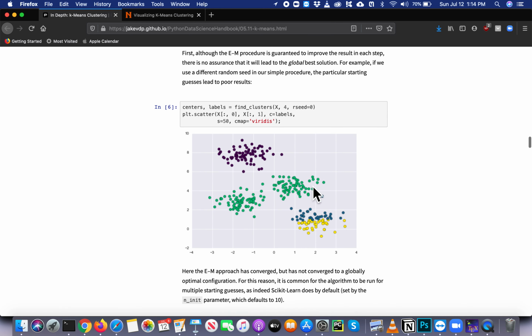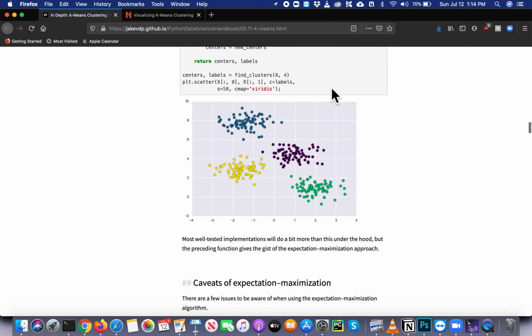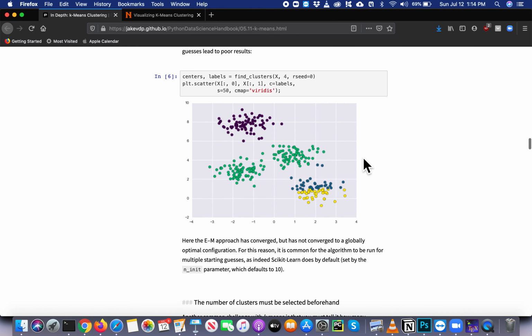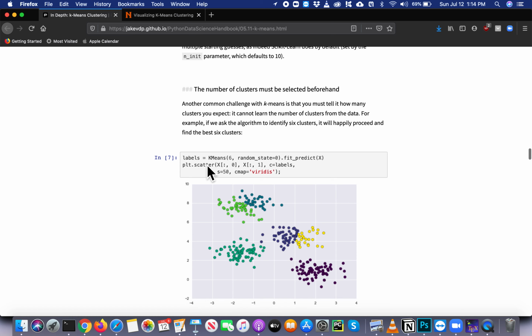This is the far worse clustering, and the way you can define this to be bad or worse compared to the earlier clustering is using the within cluster variance formula. So the objective of this would be better compared to the objective of this. The second drawback or caveat is that you must specify the number of clusters beforehand.